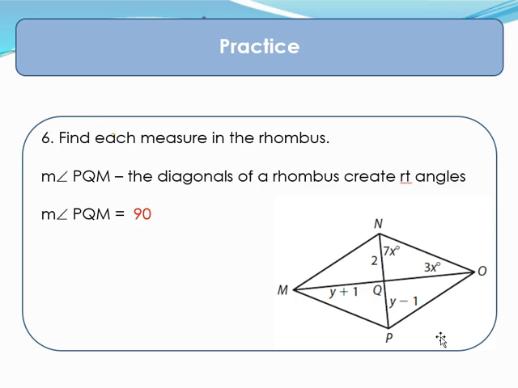Well, one of the things that we know about PQM, that's this angle right here, is the diagonals of a rhombus are perpendicular, so they create right angles. So there are right angles right here. So PQM is 90 degrees.